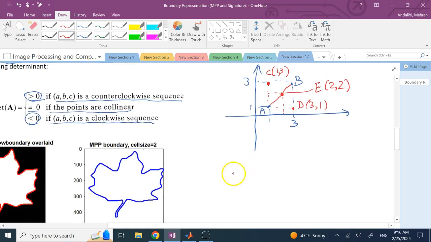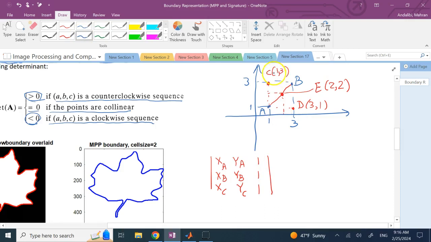So here I'm going to calculate the determinant of X of A, Y of A, and 1, as well as X of B, Y of B, and 1, and then X of C, Y of C, and 1. Okay, if I do that, see what happens.